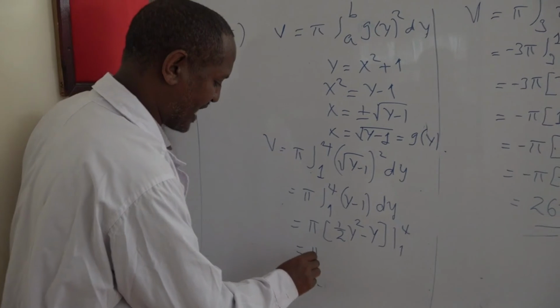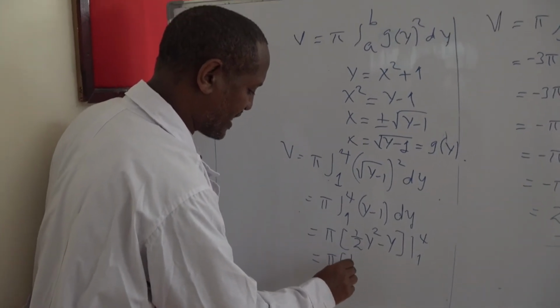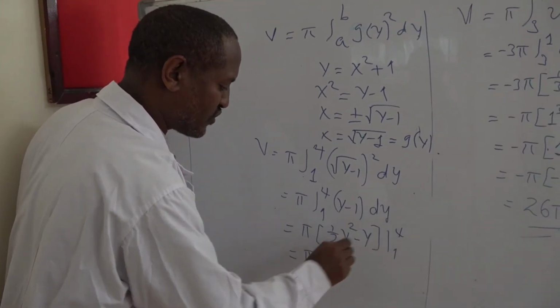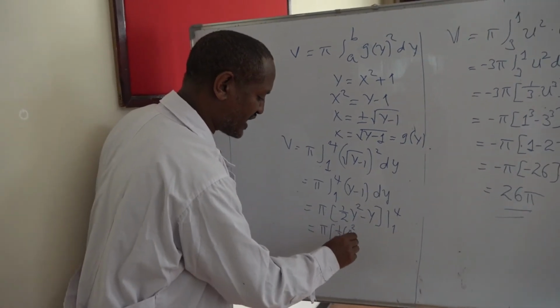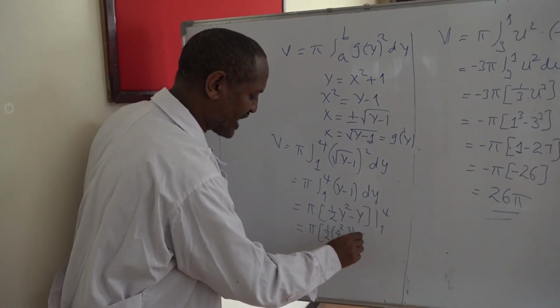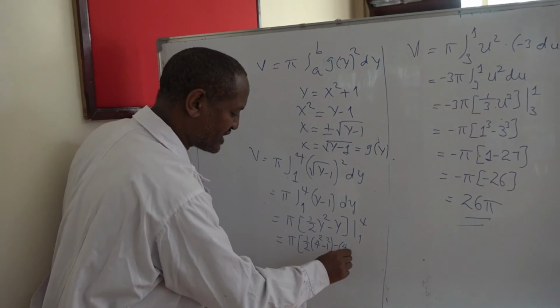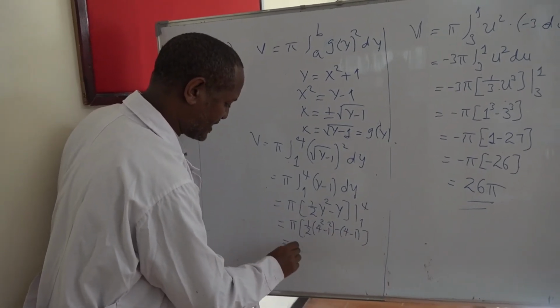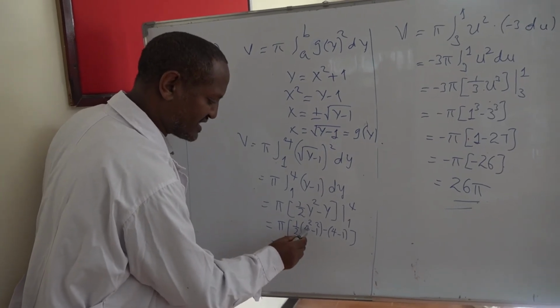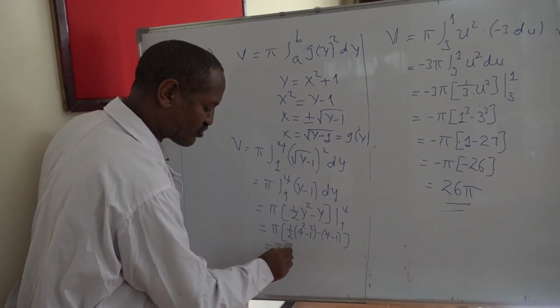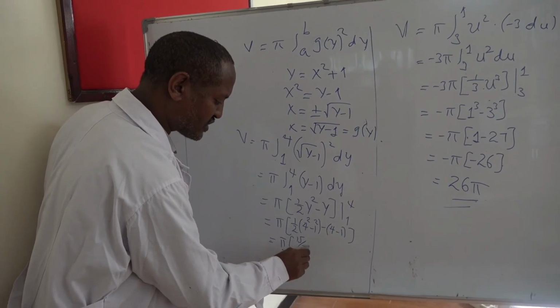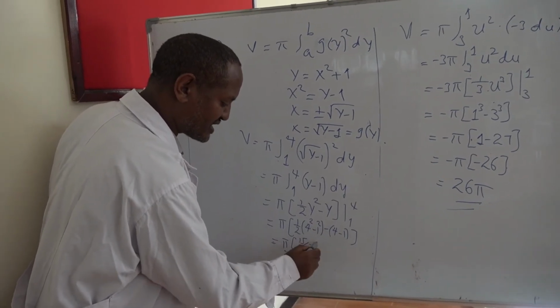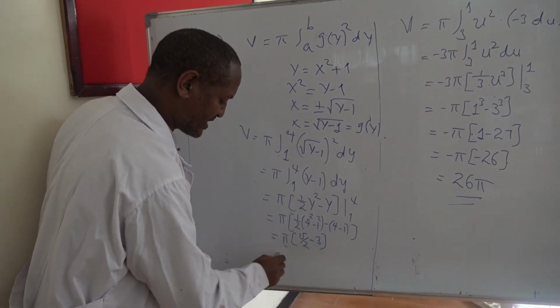So, pi times, there is half y square, 4 square minus 1 square, minus y, 4 minus 1. So you'll have pi times, this is 16 minus 1, 15, 15 times 1 over 2, 15 over 2, minus 4 minus 1 is 3, so you'll have 3.